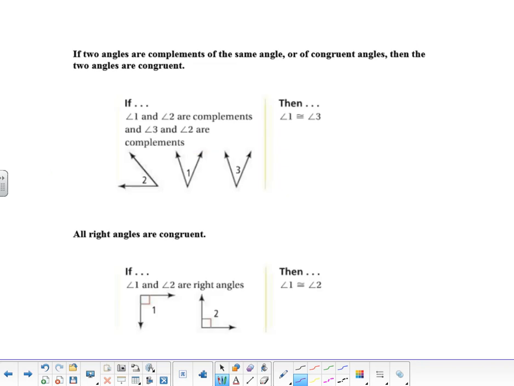All right, here's another reason, building our toolkit. If two angles are complements of the same angle or of congruent angles, then the two angles are congruent. So remember, when we're thinking complements, that's complementary, means they add to 90. So here's a scenario.